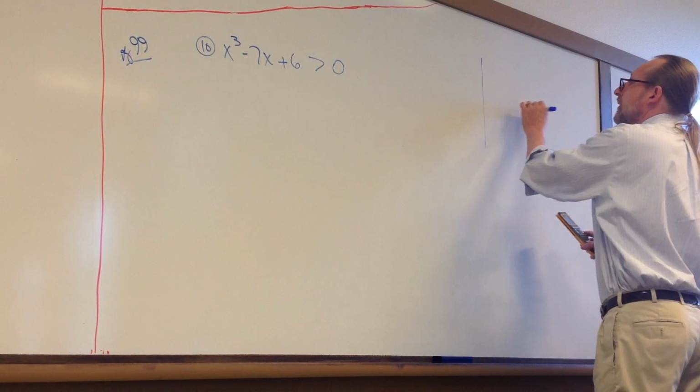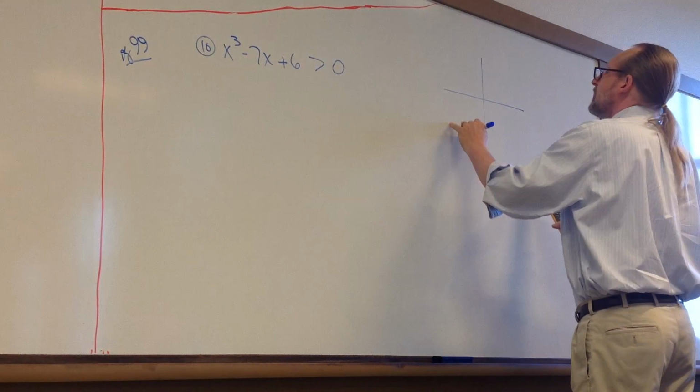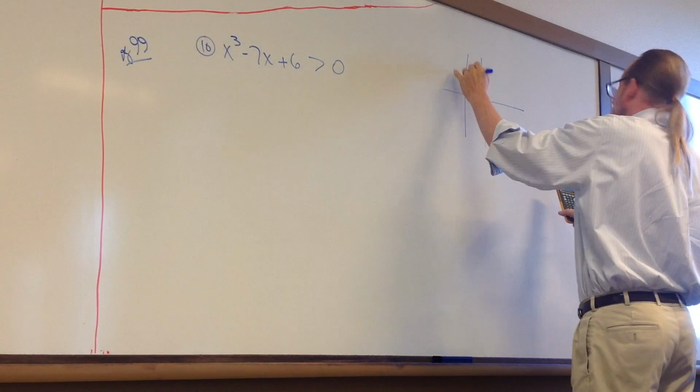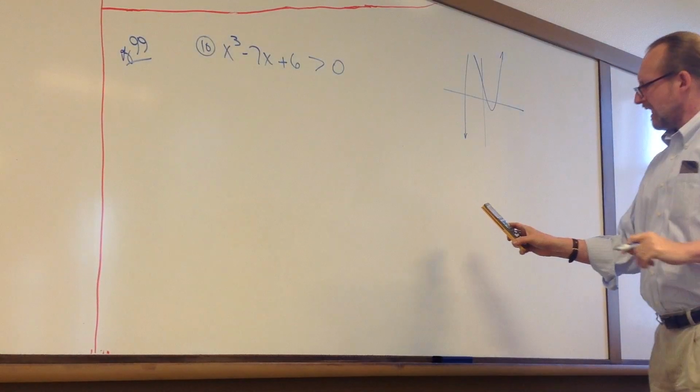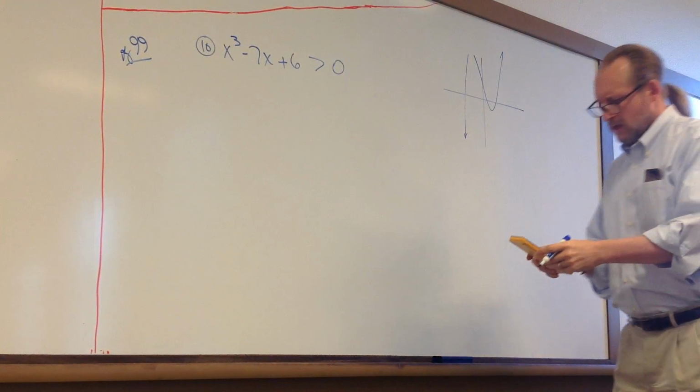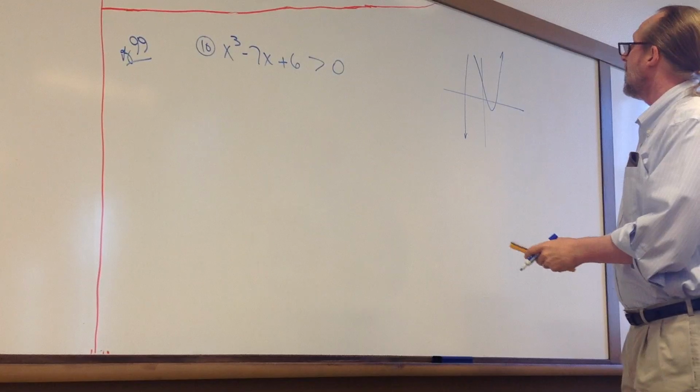In the standard window, this is pretty straightforward. It does go off the screen a little bit, but it comes back, and it's pretty easy to see what's happening there. Okay, so let's go in and find the roots.